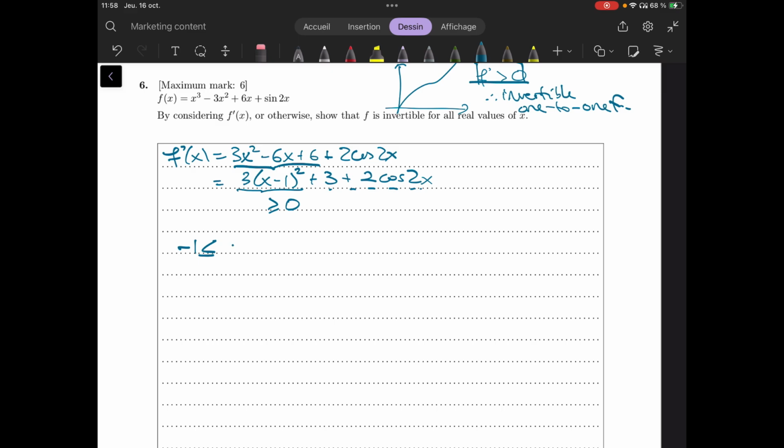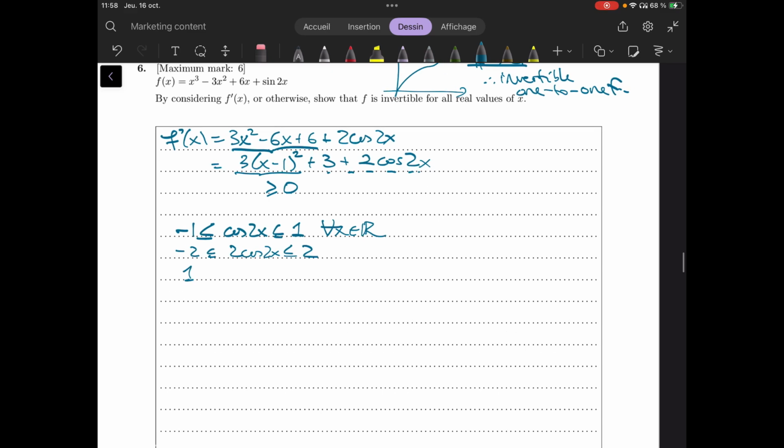For all real x, cos of 2x is between -1 and 1. Therefore, we can multiply by 2. And when we add 3, we showed that it has to be between 1 and 5. This is also positive.